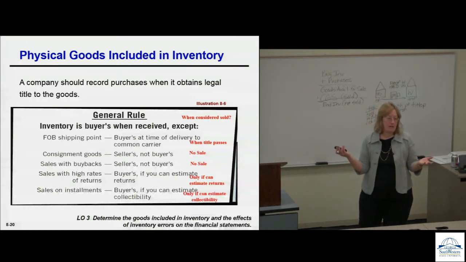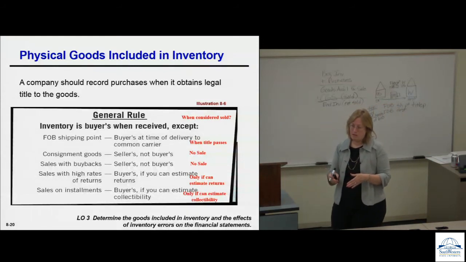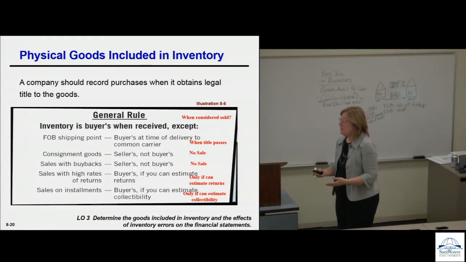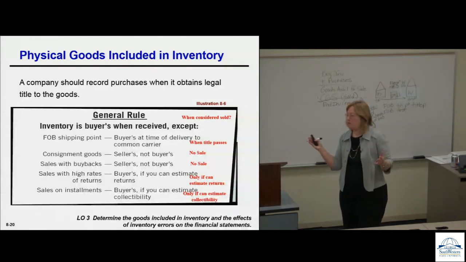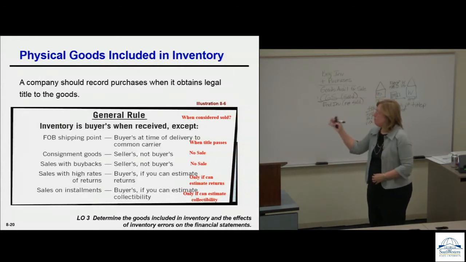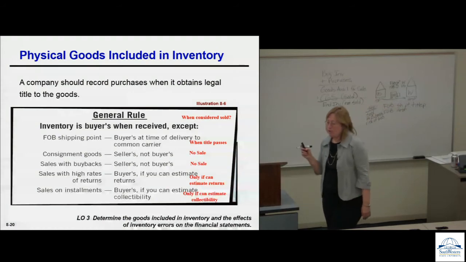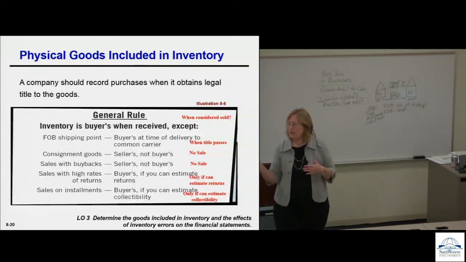See, these installment sales are a little bit more risky, right? Would you agree? They're a little bit more risky because these are with people that may not have all the money to pay for it. That's why they're paying only $100 a month. So if they somehow lose their job or whatever, then these are riskier. So the only way you can count an installment sale like this as a sale is if you can estimate what your collectability is and go ahead and record bad debts and stuff. Okay?